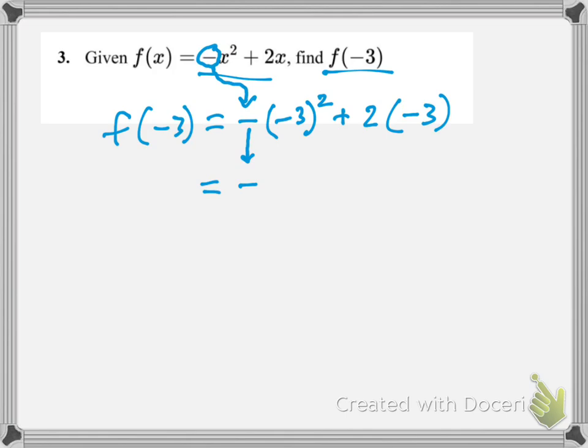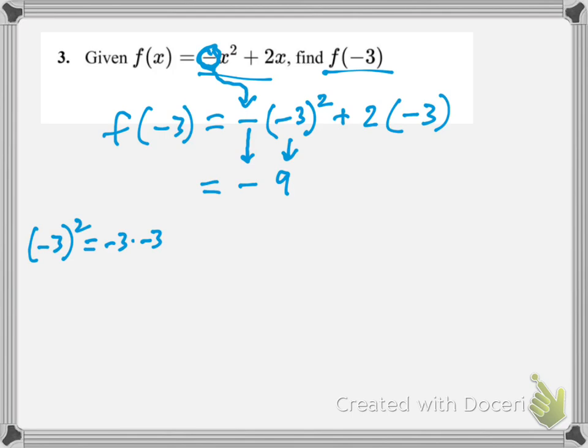Negative 3 squared is just 9. The minus sign in front just comes down. Yes, it's negative 9, but that's because of the negative sign in the original problem, not because negative 3 squared is negative 9. Let me show you. Here's where parentheses are really important. If negative 3 is in parentheses and it's squared, it's negative 3 times negative 3.